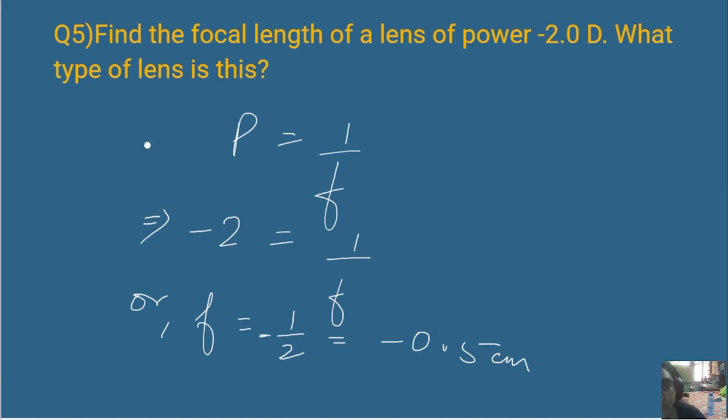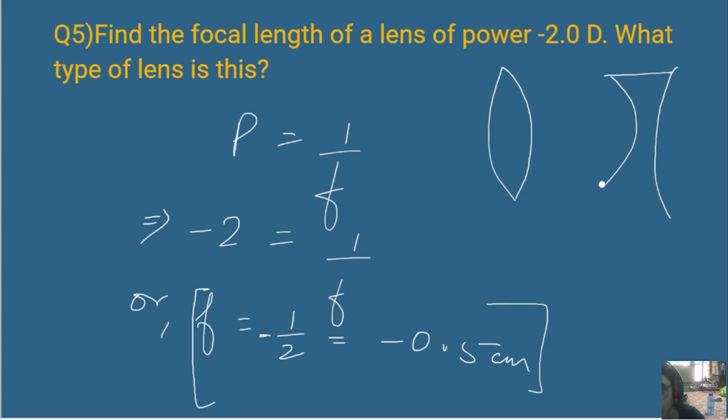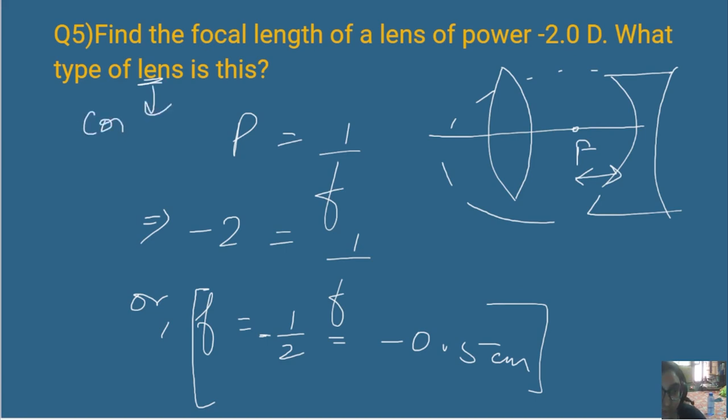You know that when the focal length is negative, so if this is a convex lens and this is a concave lens, the concave lens's first focus is here, so it always has a negative focal length, right? So this lens is a concave lens.